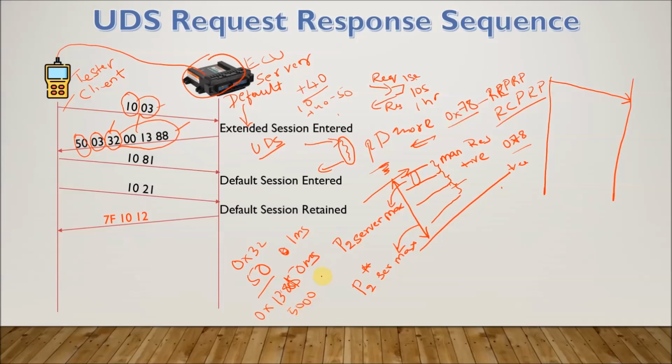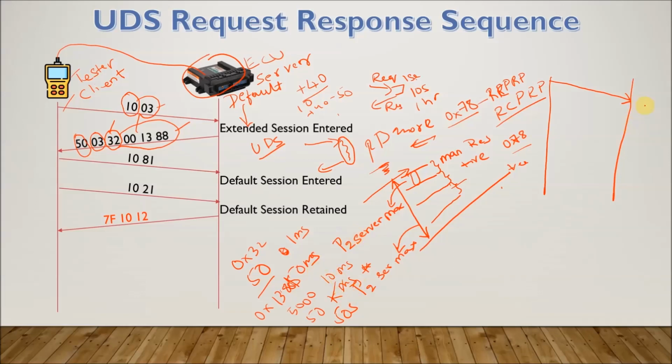And the resolution for the P2 star server timer is 10 milliseconds in UDS. So 50k milliseconds. Kilo and milli cancel, so 50 seconds. So it has to wait for 50 seconds before getting a positive response.